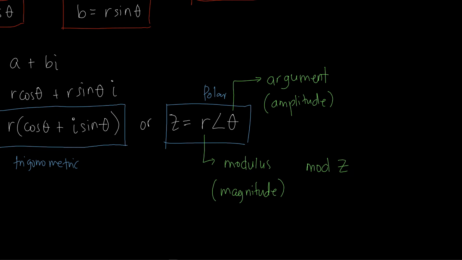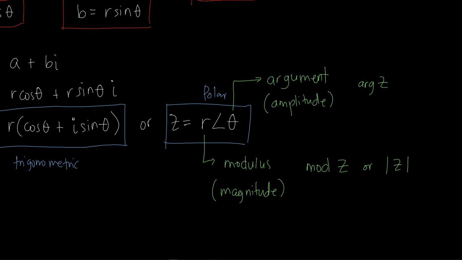Another term is, when it is written with absolute value bars, that is the magnitude. So the absolute value of Z means the magnitude of your complex number, which is still the modulus. The argument is arg, arg of z.